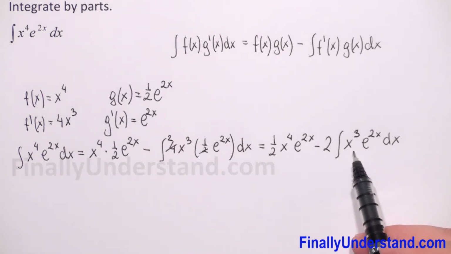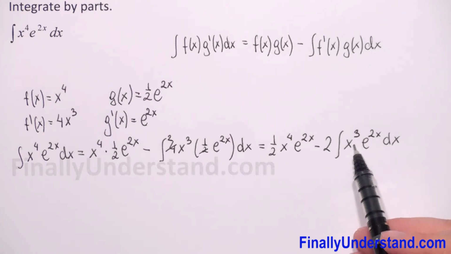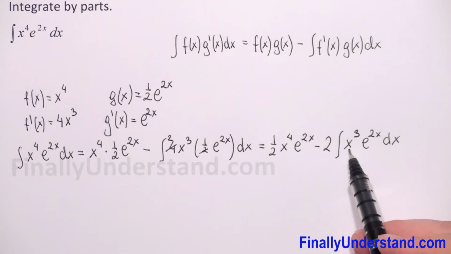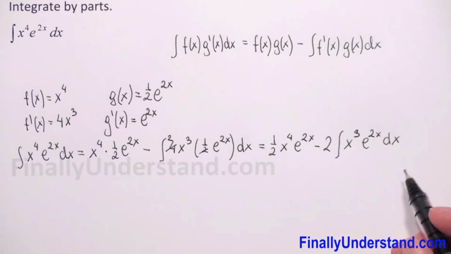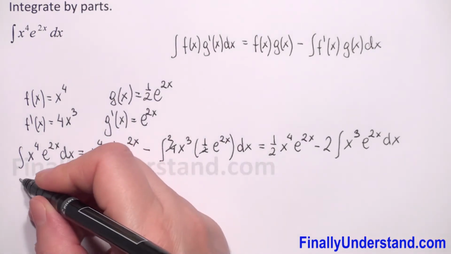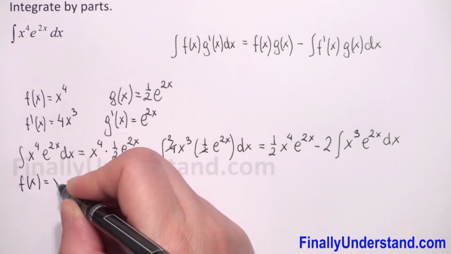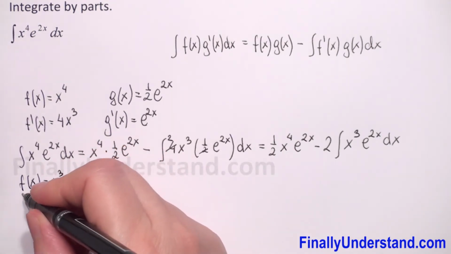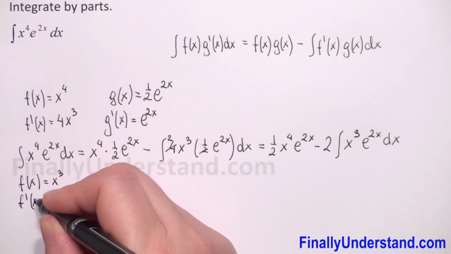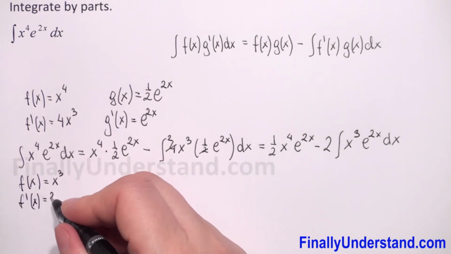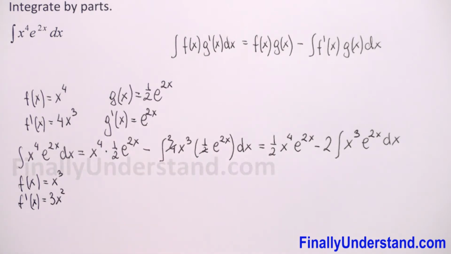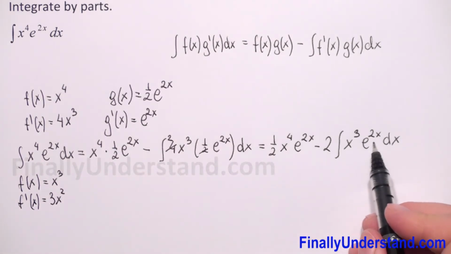So we need to use the integration by parts formula again to reduce this x to the cube power to x to the 0 power. So let me put again f of x equals x cube. f prime of x will be equal to 3x squared, and what's left? e to the power 2x.